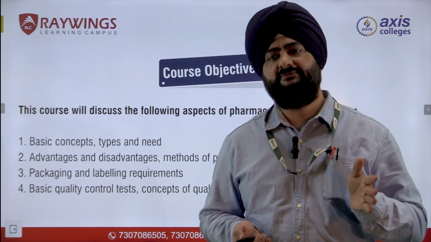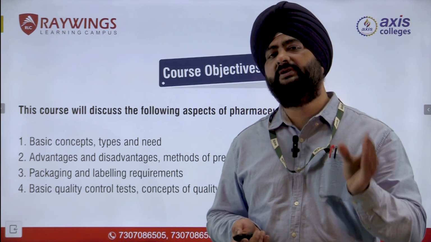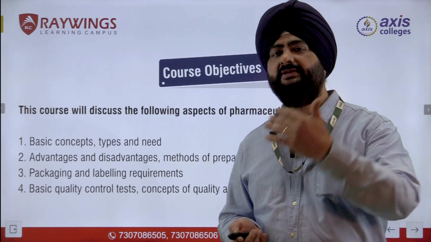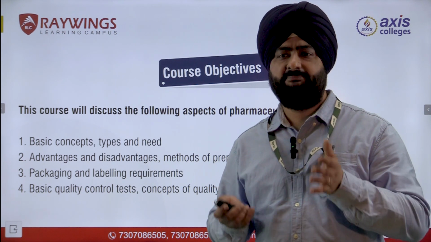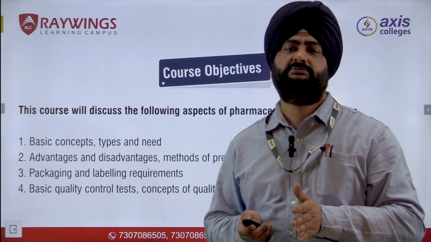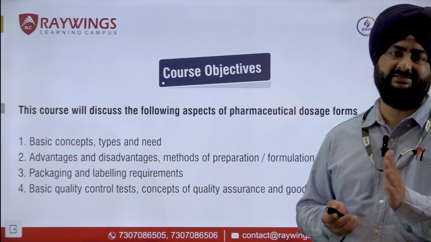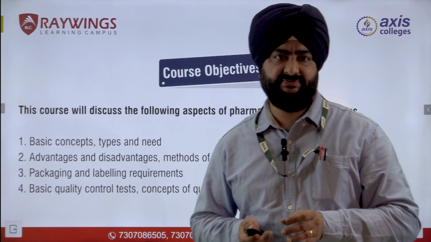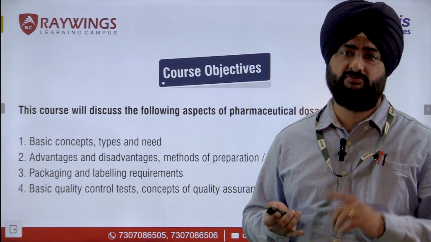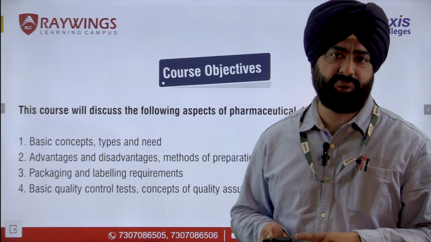It means after formulating the product in any production unit, right? Before going into the market, the product should comply with all the quality assurance needs, the GMP needs. It has to prove that the formulation is of very good quality, it is efficient, it is pure.